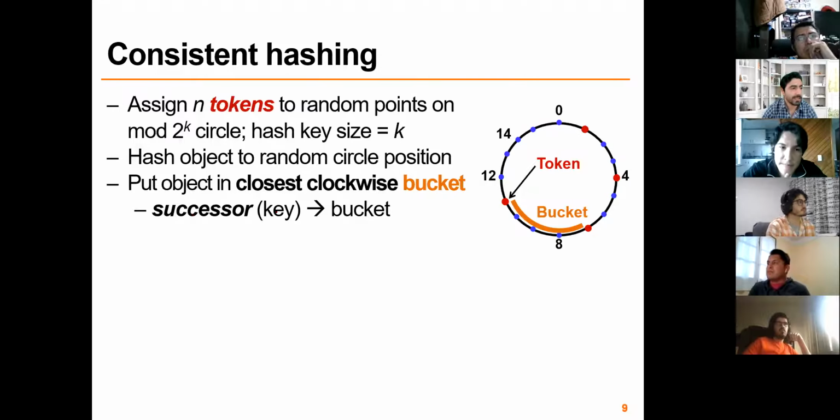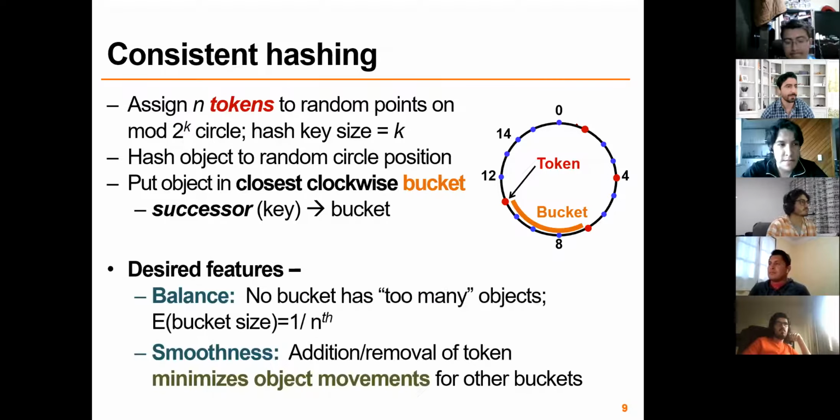Your successor key is referring to this, you remember, and you have a certain number of successor pointer links. If this fails, you know which one the next successor is. The desired feature for consistent hashing is the balance of the objects. You want to distribute the load. You want load balancing in the system, right?